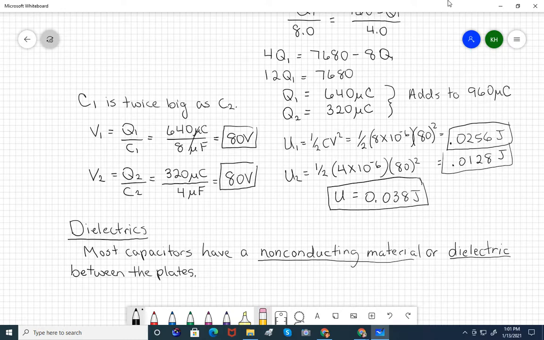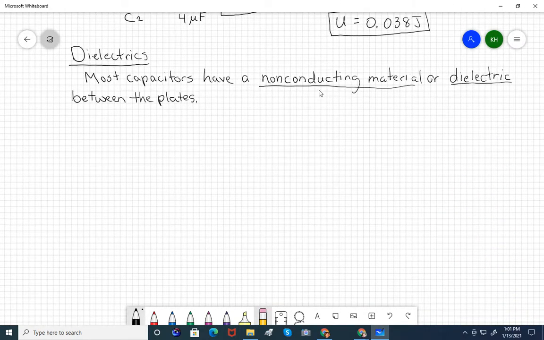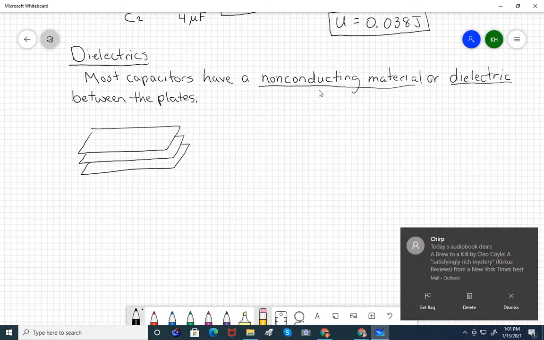I think I talked about this when I first introduced the idea of a parallel plate capacitor, so that you have a situation where you have a conductor, then you put a layer of your dielectric material, your non-conducting material, then you have another layer of conductor, and then you put another layer of your non-conducting material.